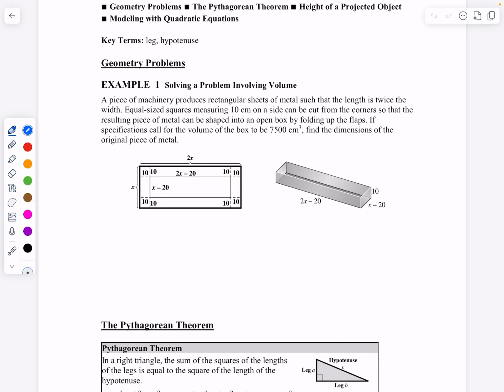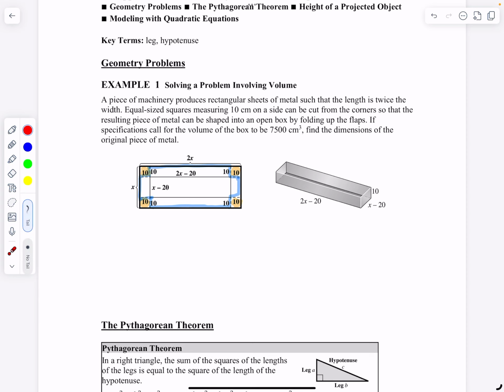So that's going to be gone, this is gone, this is gone, and this is gone. So we wind up really with just a piece of sheet metal that looks like this in the blue. All right, and then we're going to fold those pieces up and create this box.